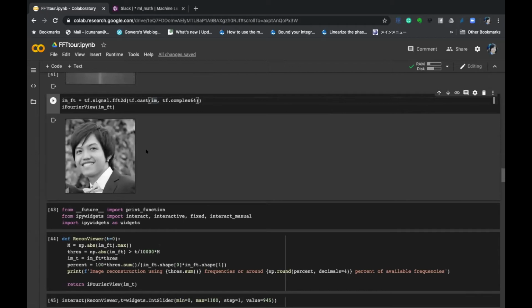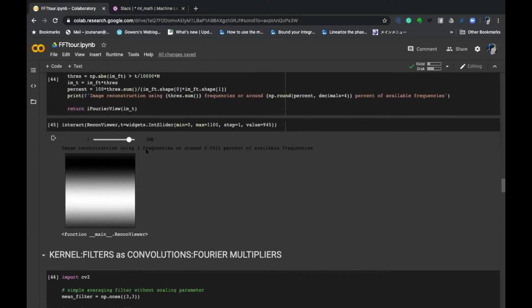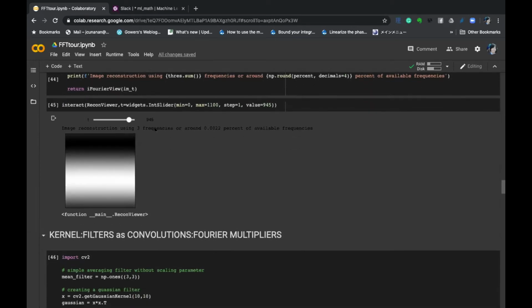This is a perfect reconstruction using all frequencies, and here is a reconstruction of the same photo using only 3 frequencies, which is 0.002% of all available frequencies. If we move on, you can see here using 5 frequencies, and here would be 7 and 15.